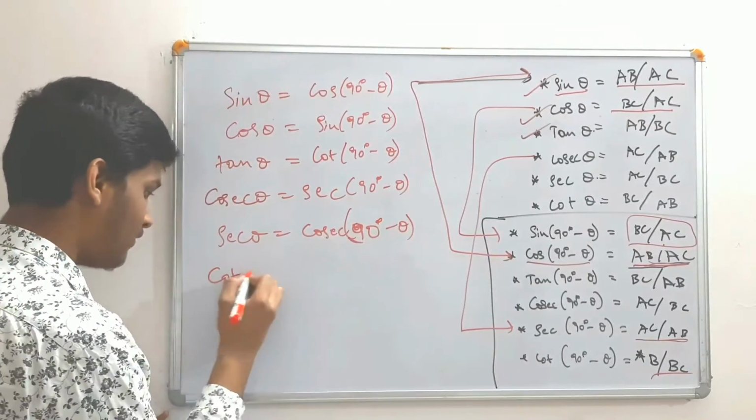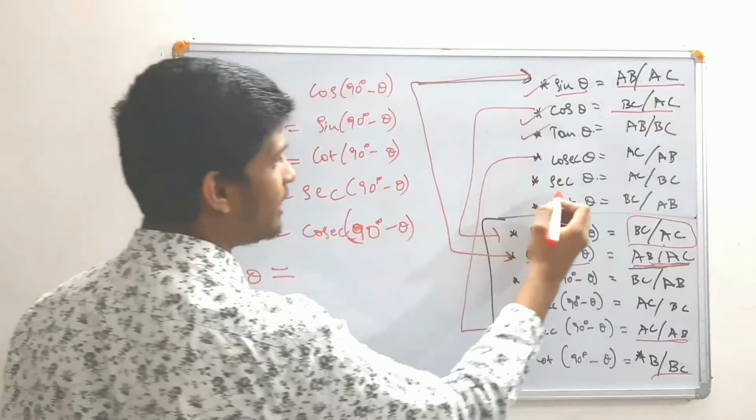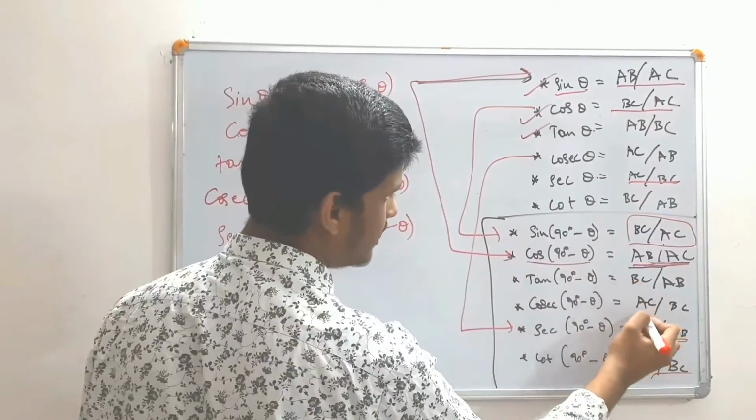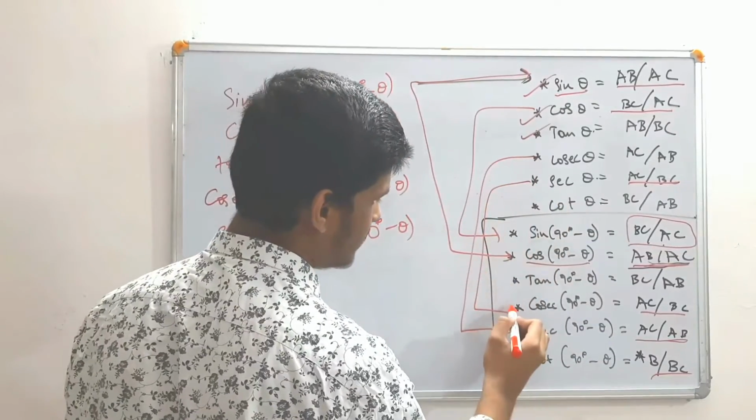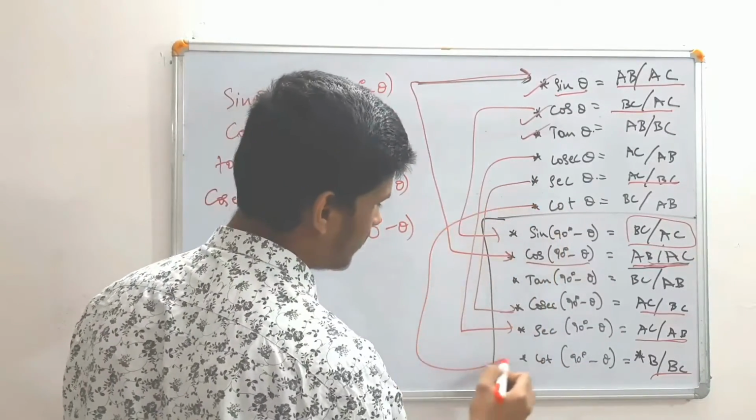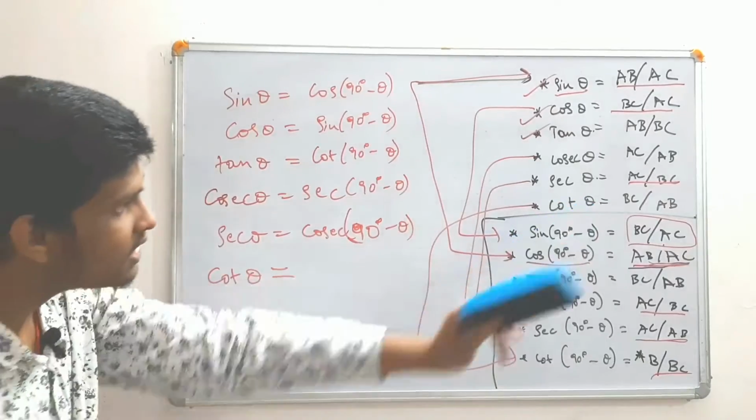Okay. And for cot theta, that is remaining. This is secant theta, AC by BC, and just match them if you want. For cot, that is BC by AB.